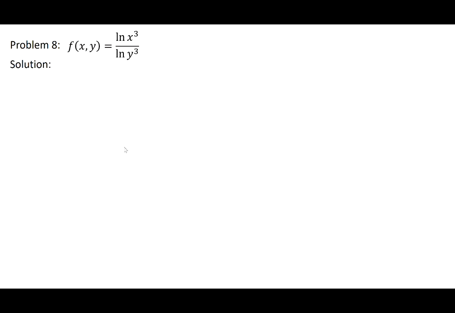Oh, can we cancel the natural logs? Big time no. Right? Don't ever do that. Oh, wait a minute. I got it, man. That's the same thing as natural log of the quantity x cube minus y cube. No. What? Yeah, come on. Isn't natural log of a over natural log of b equal to natural log of a minus b?